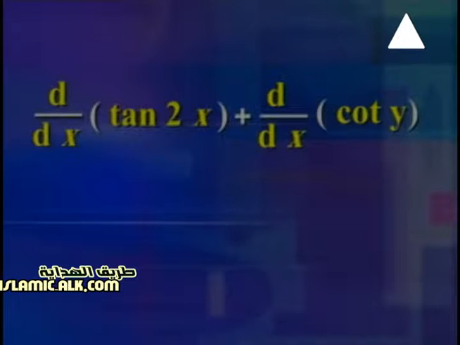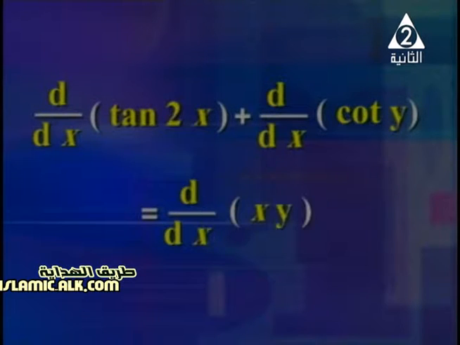the differentiation d over dx of tan 2x plus the differentiation d by dx of cotan y equals the differentiation of the right-hand side xy. Remember, dear student, the left-hand side is a sum of two functions, the right-hand side is a product of two functions.